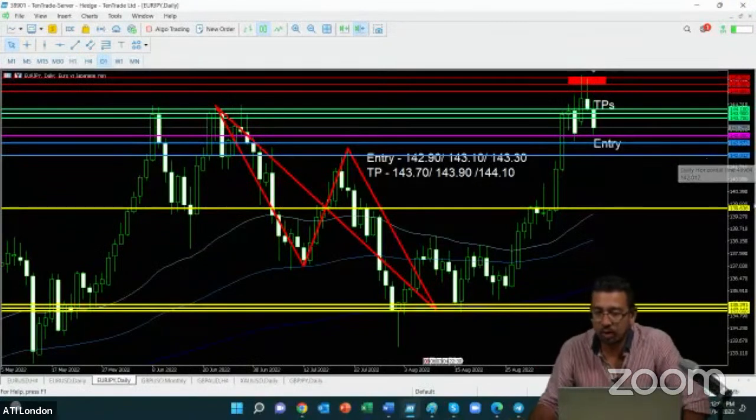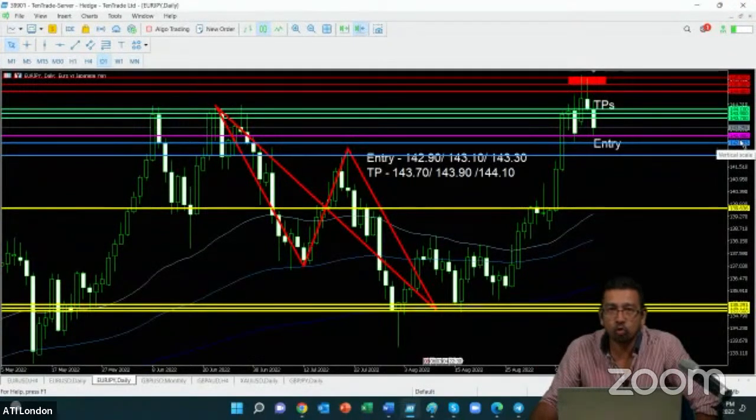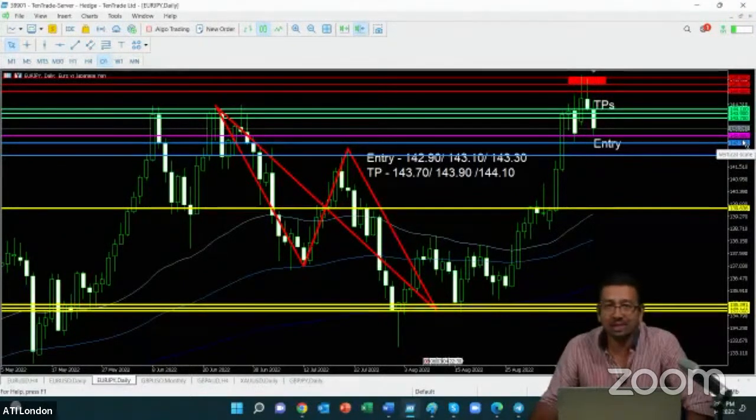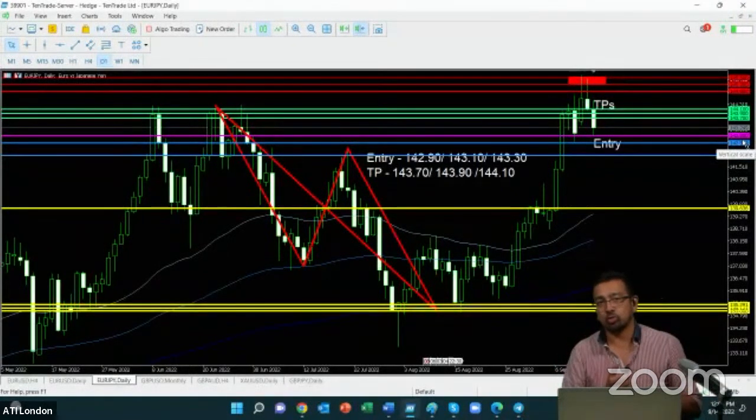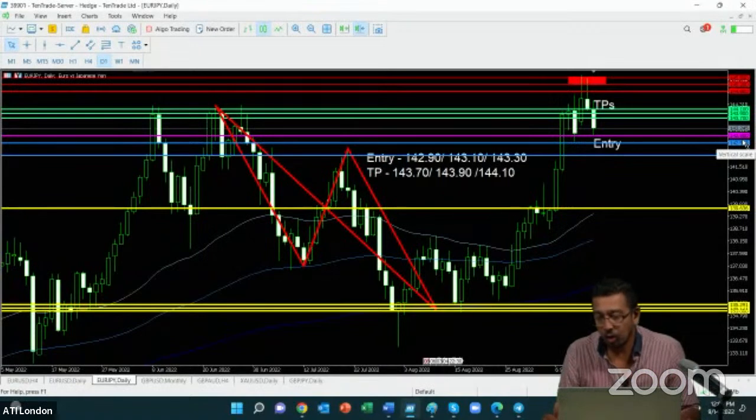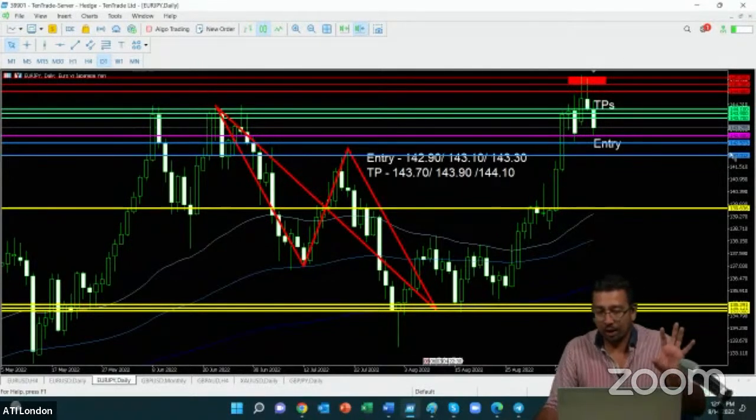The entry would be at 142.90 or 142.70. So you've got two possible entries. It depends on yourself whether you want to enter at the earlier price or the later price, or you could enter at both and have two trades instead. So we've got one at 142.90 and one at 142.70. Okay, so now that's your entry side of it.